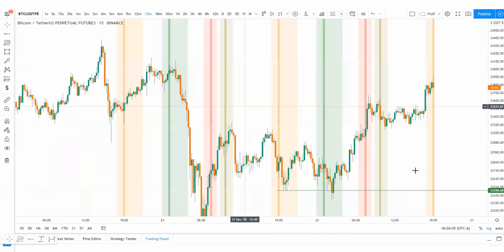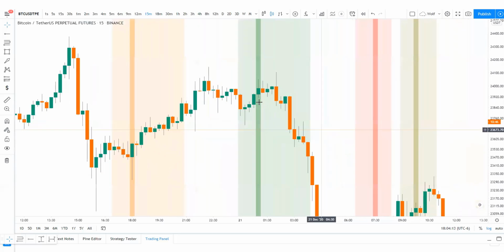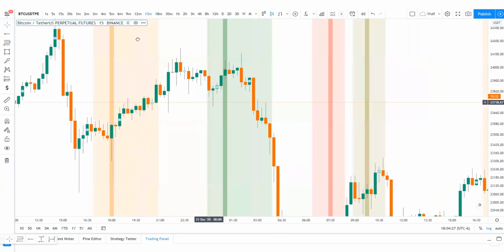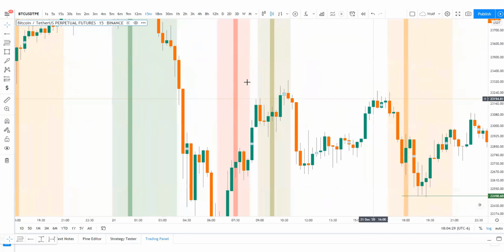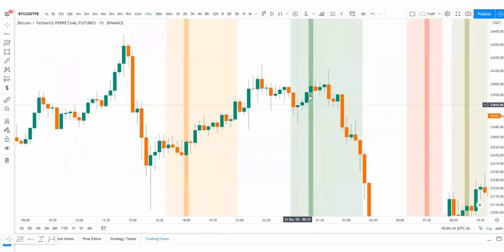For another example, I actually took this short the other night. The sweet spot for price to shift direction can be at the beginning of the kill zone, where it just comes into the kill zone and then away we go. And then this is kind of a fuckery zone right here.